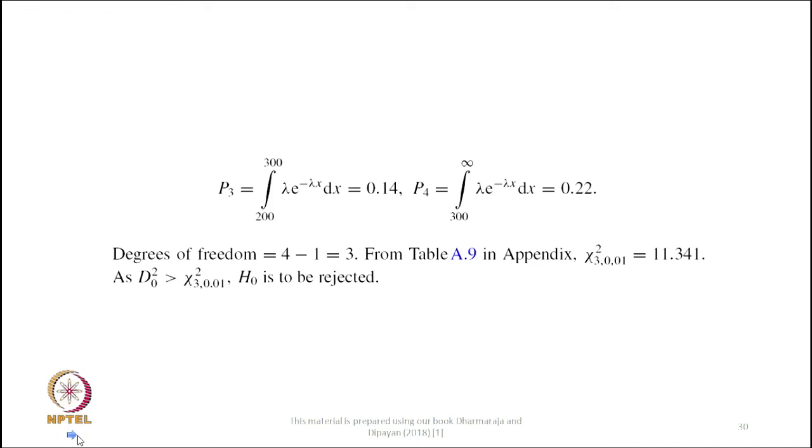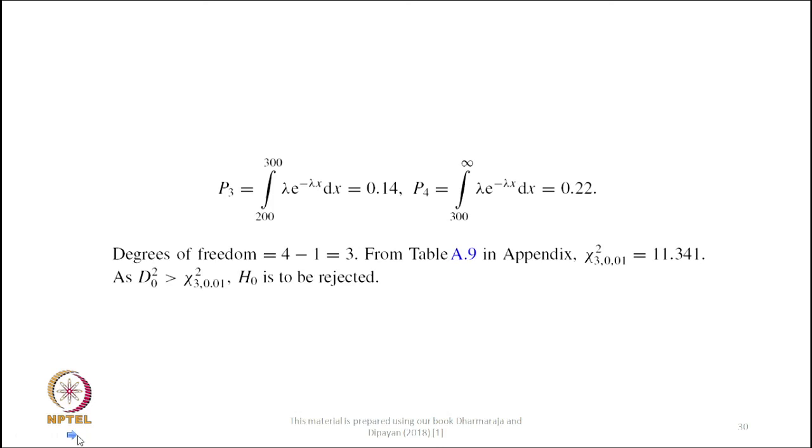Based on your comparison of the critical region with the value of the test statistic, you can conclude. So, in this problem the null hypothesis is rejected. That means the value of the test statistic lies in the critical region.